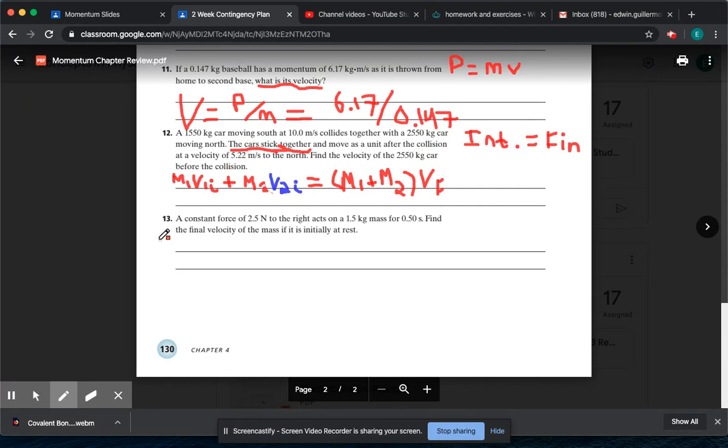Okay. So then you have to do some rearranging, right? So we need to get V2 by itself, and I'm going to continue down here at the bottom.